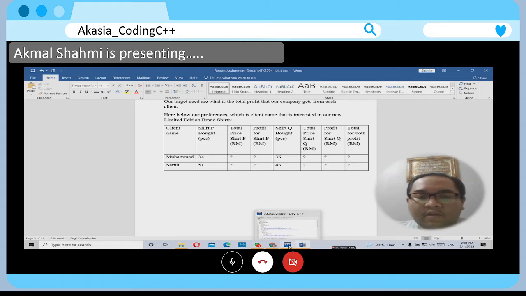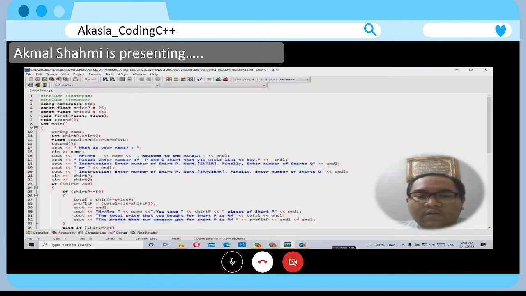Now before that, we want to tell you about the coding. So here we are starting with include iostream, include iomanip, using namespace std, and we use constant float price P 25, price Q 35.